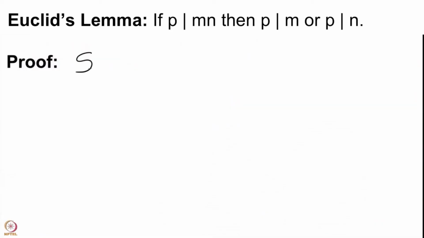Proof is actually quite simple. Suppose p does not divide m. We started with a prime p dividing the product mn, and now we assume that p does not divide m.